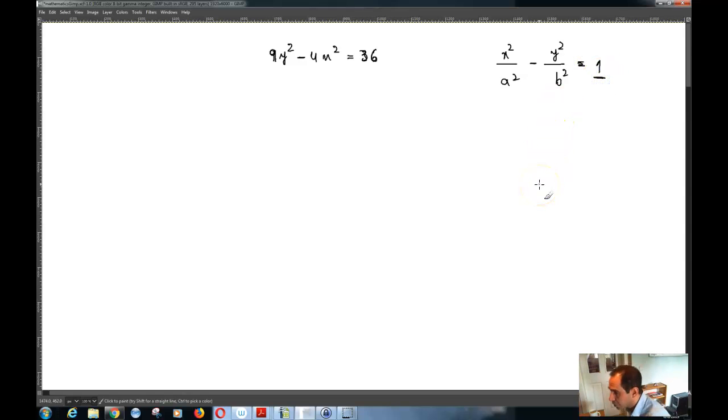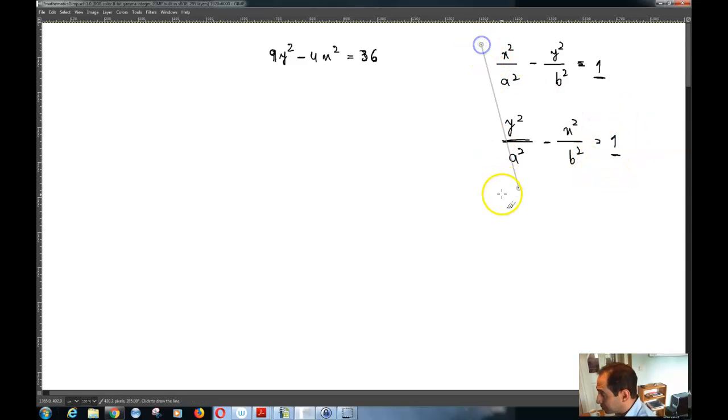Or it has to look like this, meaning that you have to write it as y squared by a squared minus x squared by b squared is equal to 1. Again, you want to have a 1 over here. So what you want to do is divide by 36.